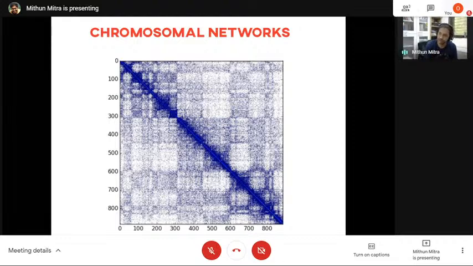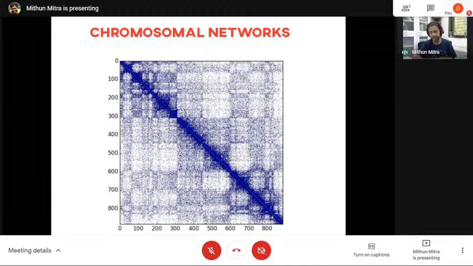If you remember, we talked about these Hi-C experiments, which measure how often two parts of your chromosomes, of your genome basically, are in contact with one another. And that gave us these Hi-C matrices, where the intensity of the color denotes how often two base pairs or two regions of the chromosome or chromatin are in contact with one another.